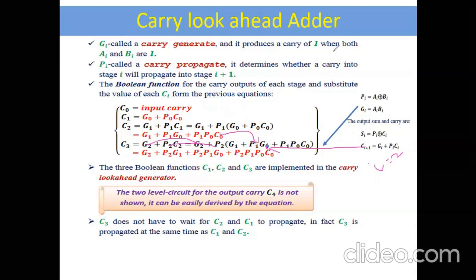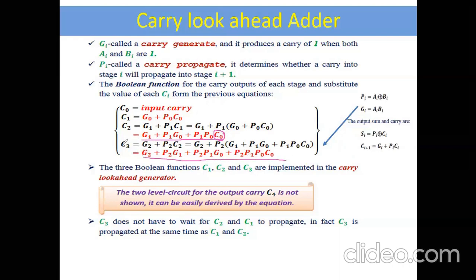So from these derived equations, we can understand that C1 depends on the carry C0. But C2 also depends only on the carry C0. See the full equation. C2 does not at all depend on C1; it depends only on C0. In the same way, see the equation of C3.